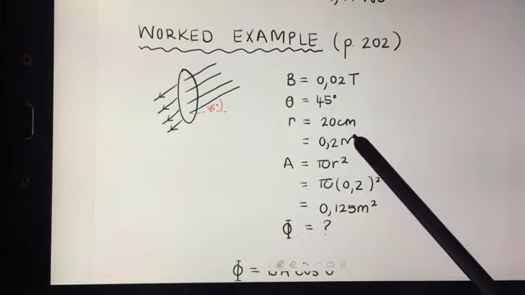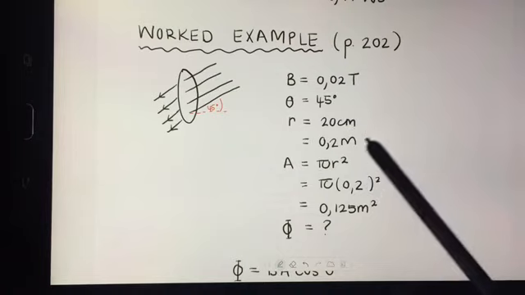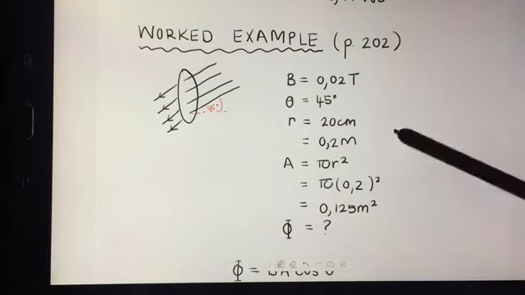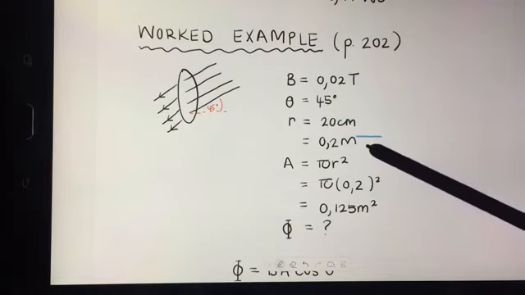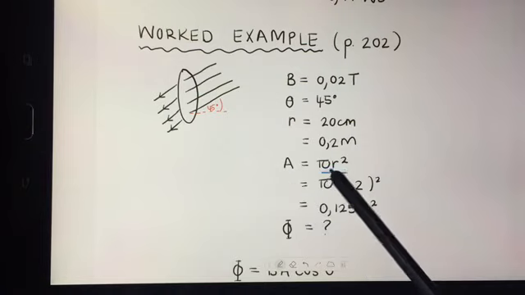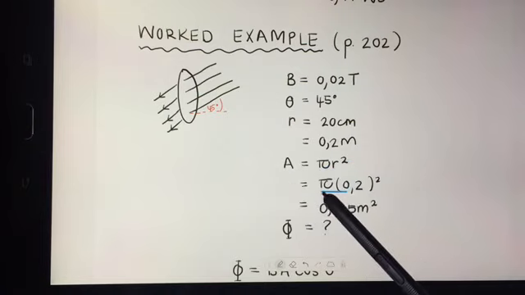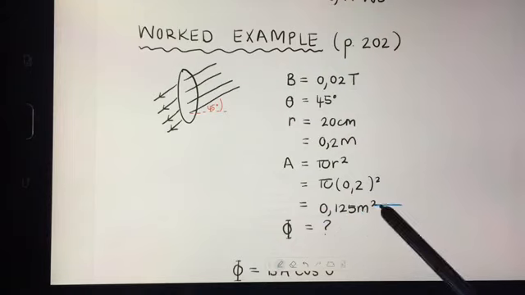The radius of the circle is given as 20 centimeters, and we know that we need area. So first thing we do is we take the centimeters and we convert that to meters. So 20 divided by 100 gives us 0,2. And then the area of a circle is pi r squared. So pi 0,2 squared, and the area we get 0,125 meters squared.